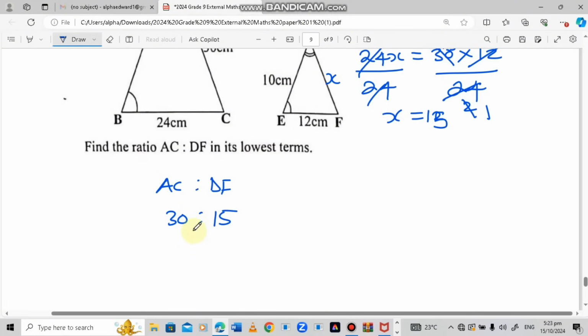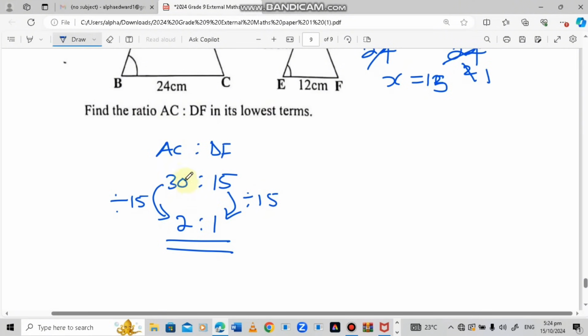To do that, we divide both sides by 15, because 15 can go into 30. 30 divided by 15 is 2, then here we have 1. So the ratio of AC to DF is 2 to 1.